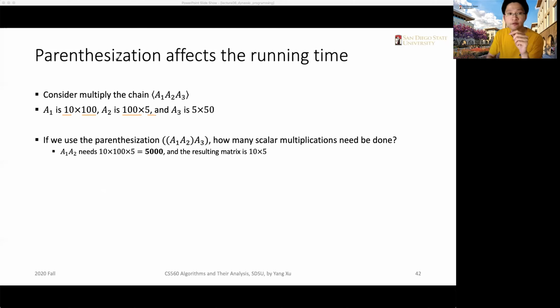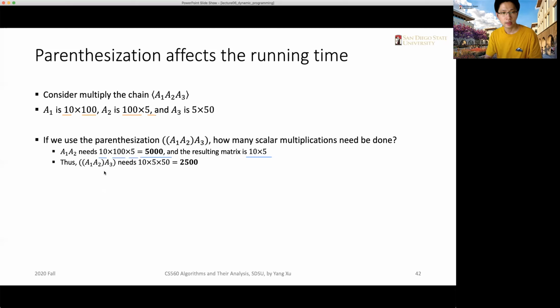So the number of scalar multiplications for computing A1 times A2 is 10 times 100 times 5, which is 5,000. And the resulting matrix is 10 by 5. That is an intermediate result, which we will need to multiply with A3, right?